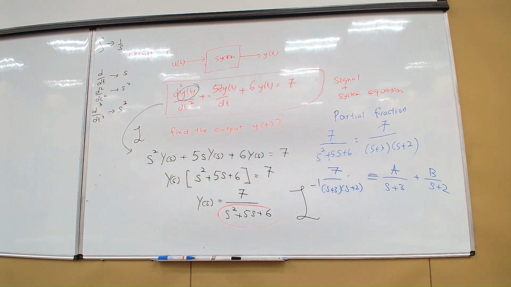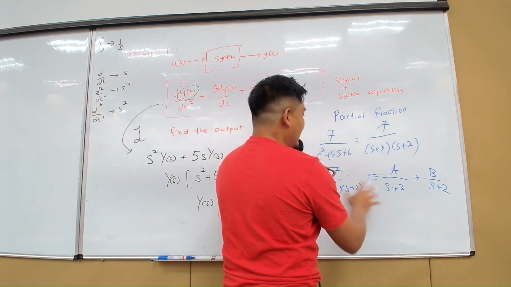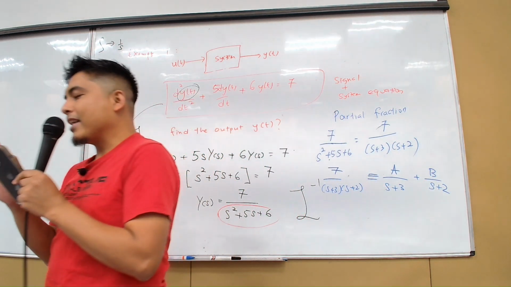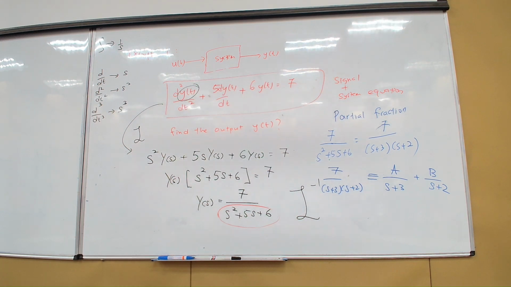Okay, so you can see that in this form, A over s plus 3 plus B over s plus 2, if you look at the Laplace table, which is identical with this information? Number what? Number 5, right? So you can use the number 5 information.